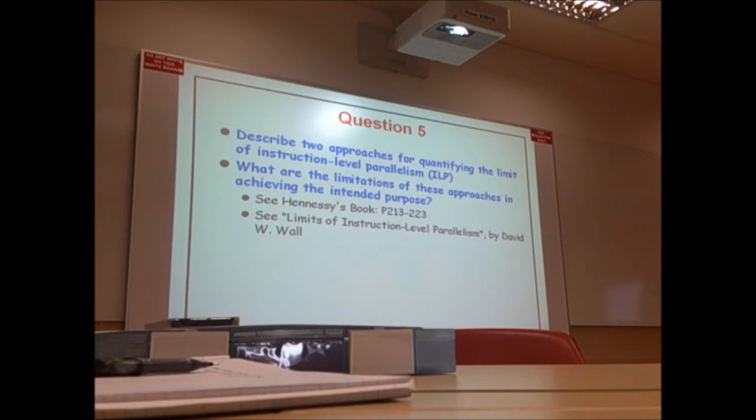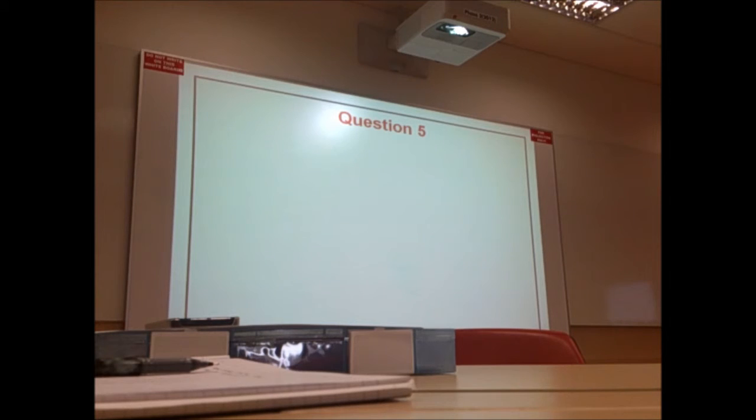Again, I'm not going to go into the details in the answer. You're asked to look at Hennessy's book again, and also there's a paper which describes instruction level parallelism by David Wall. So that's an interesting paper to read.